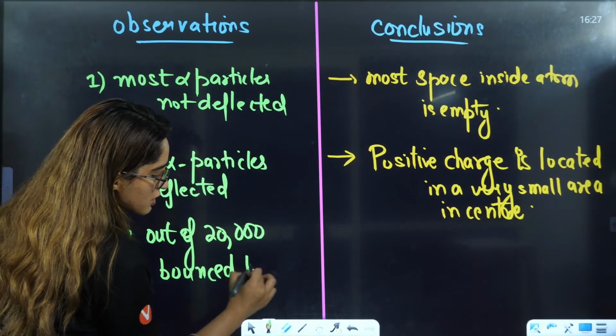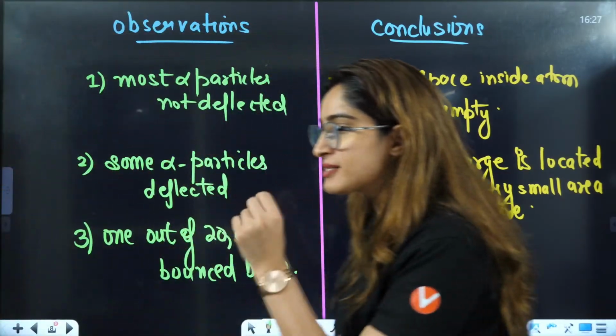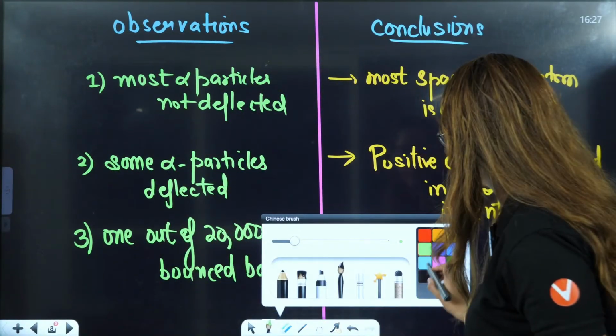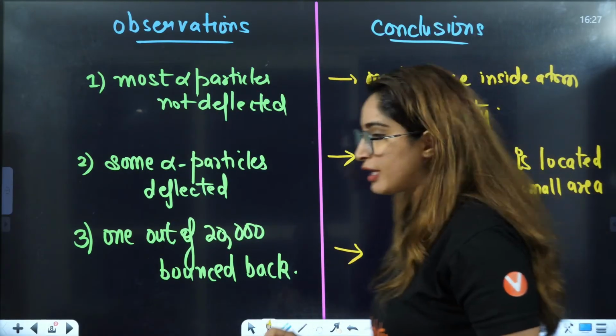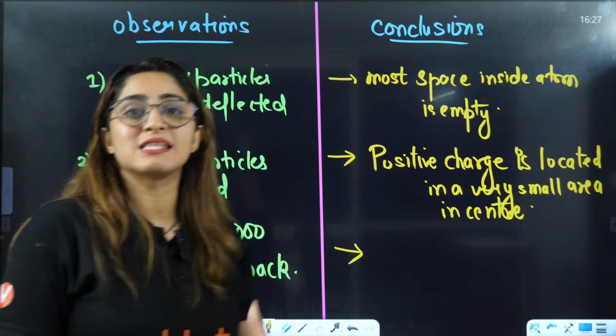Who will tell me what is the reason behind that? What is the conclusion that you can draw here? Anybody? Very good. The mass is highly concentrated in the center of the atom. The mass is very dense.